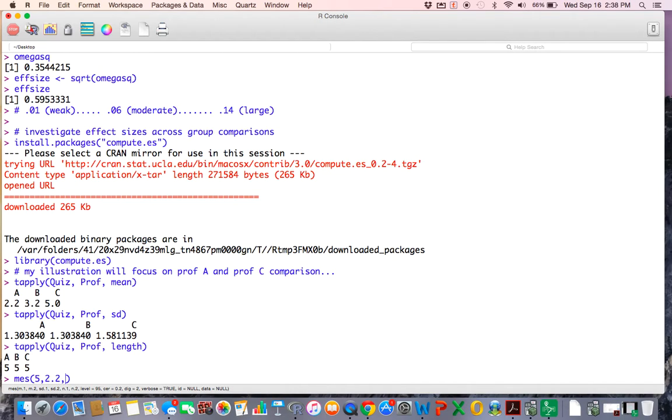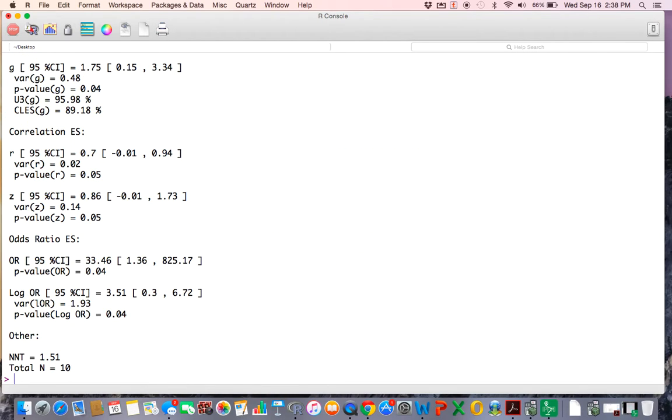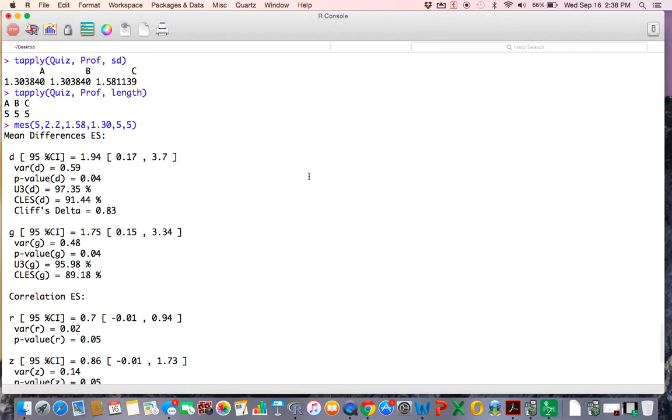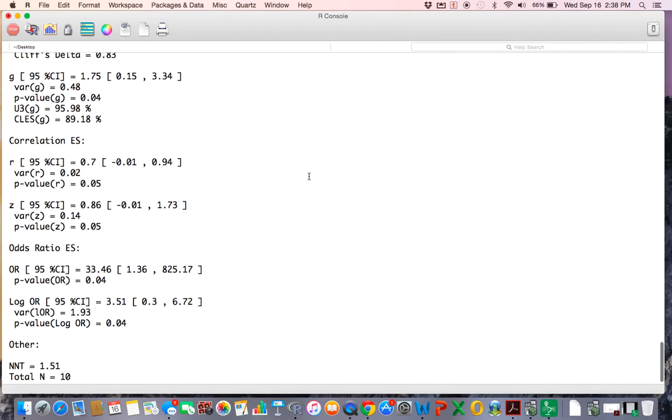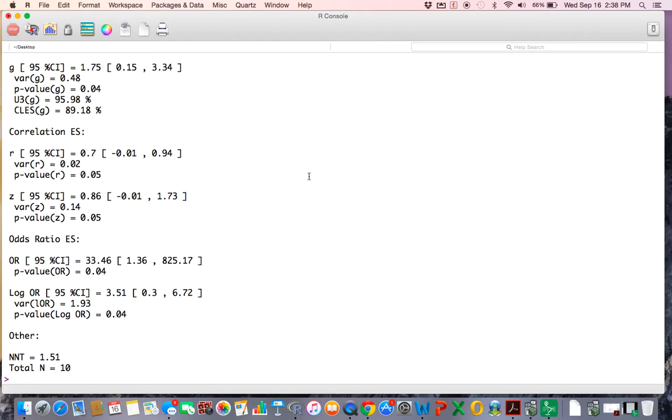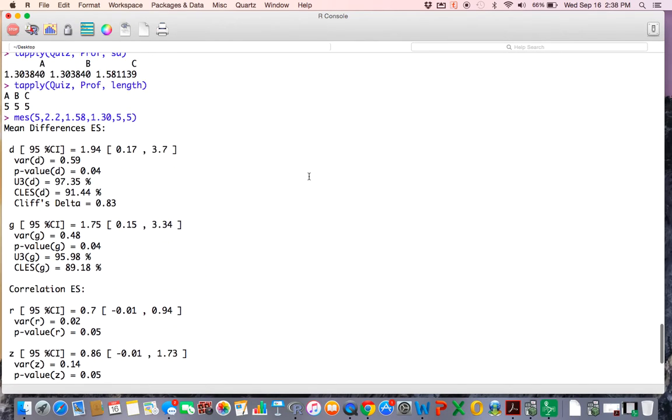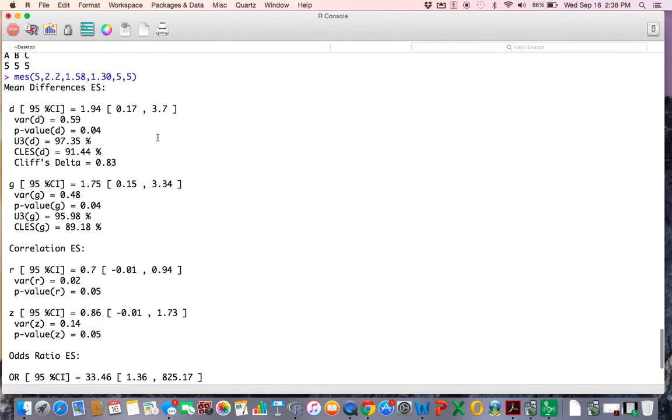Standard deviation for C is 1.58. Standard deviation for A is 1.30. And sample size is 5. Now, what will happen is, we get a lot of cool stuff here, and I have to tell you, some of this stuff I don't know what it is, but nevertheless, I know what the important stuff is.